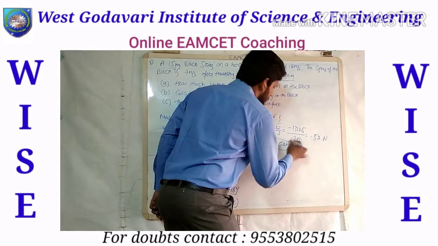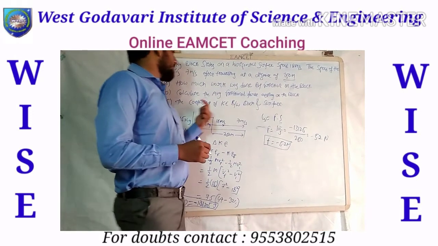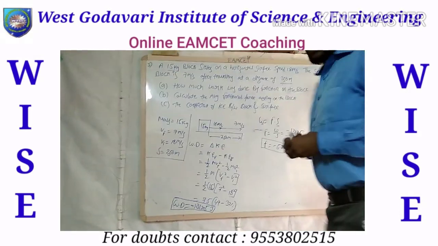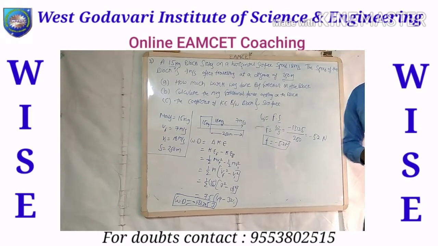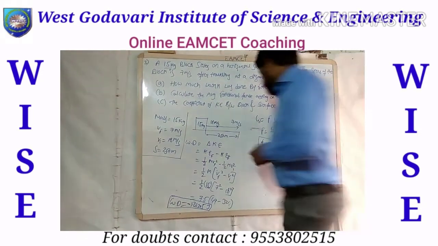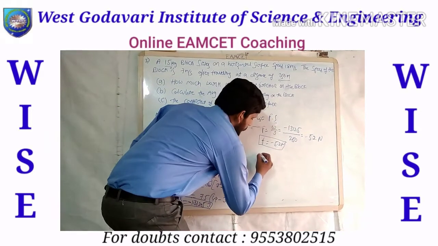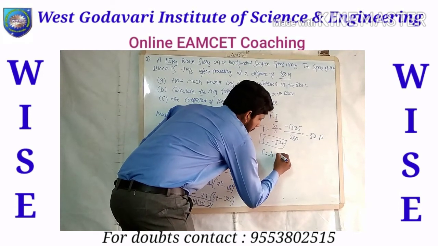Condition B is done. Now the next condition is the coefficient of kinetic friction between the block and surface. So we need to find the coefficient of friction. For that we need to use a formula from the concept of friction. We have the formula F equal to mu into Rn.